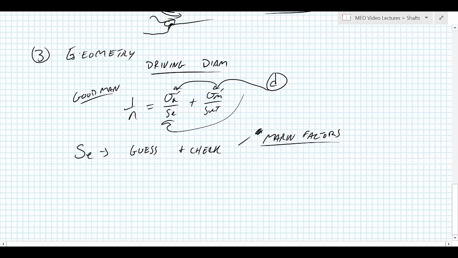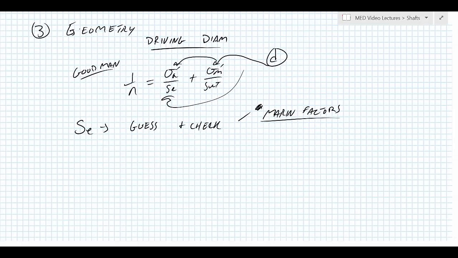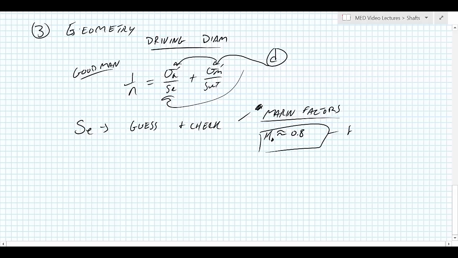Basically, estimate close values, probably your KB value somewhere in the 0.8 range, and come back and fix it later when you know the diameter that you're trying to find, in an iterative process.